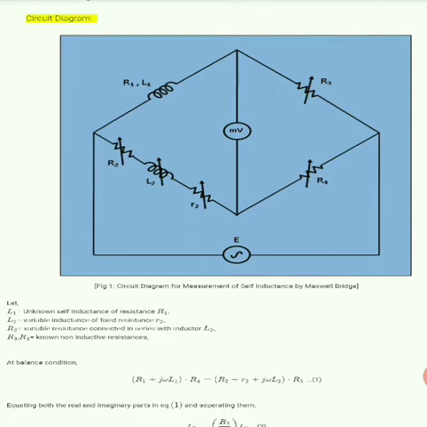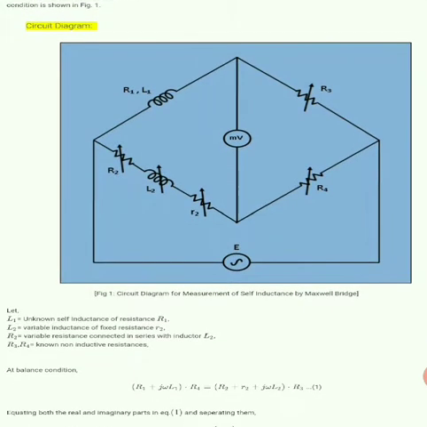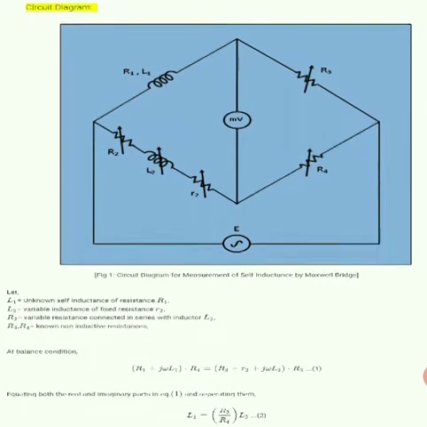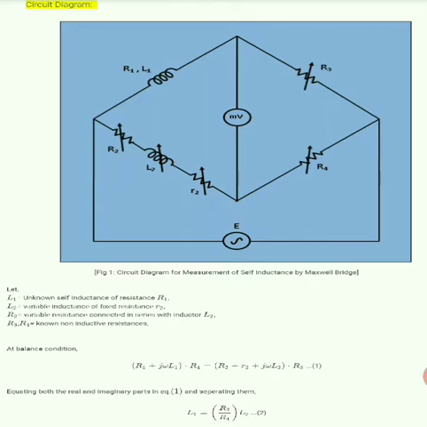The circuit diagram is shown where L1 is unknown self-inductance of resistance R1, L2 is variable inductance of fixed resistance r2, R2 is variable resistance connected in series with inductor L2. R3, R4 are known non-inductive resistances.